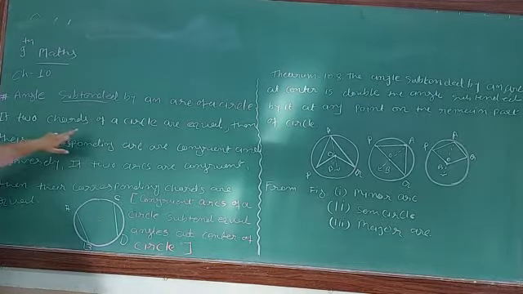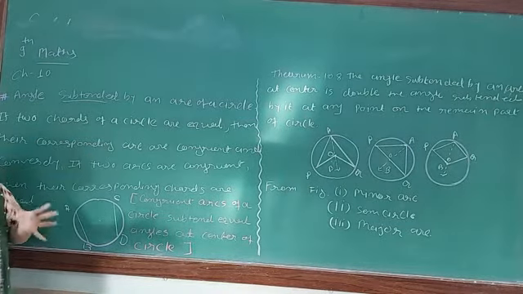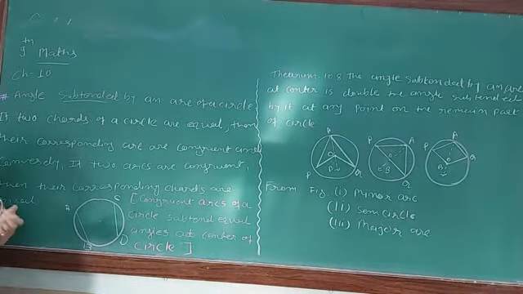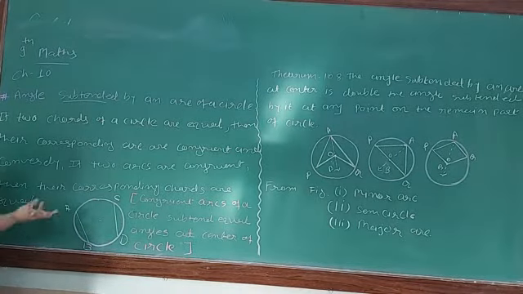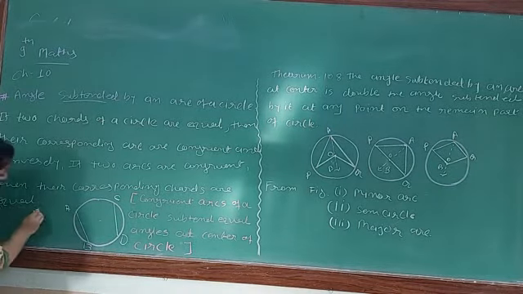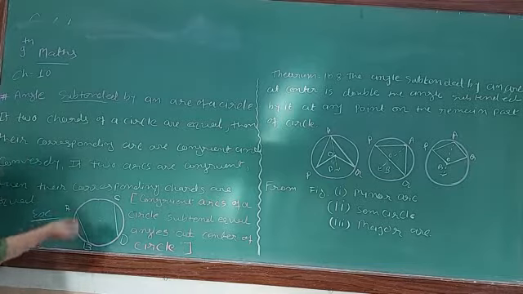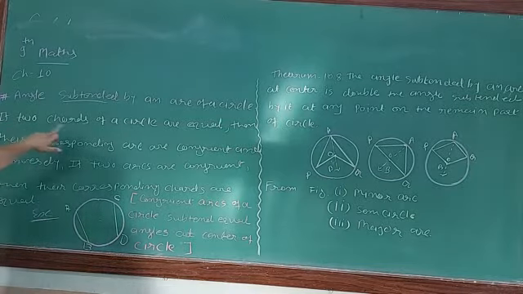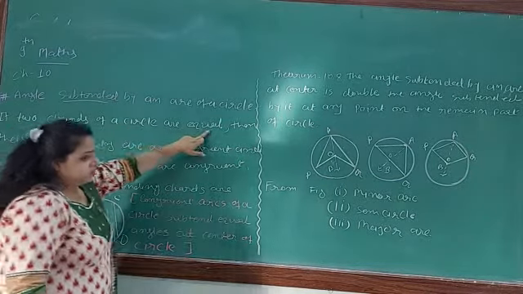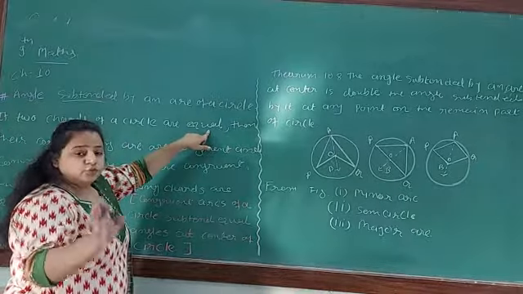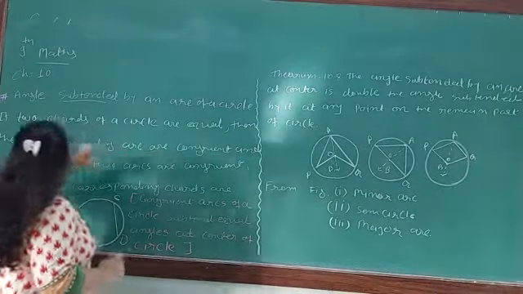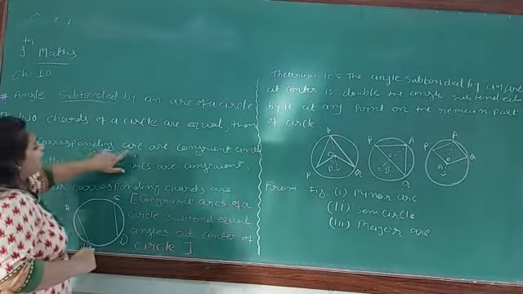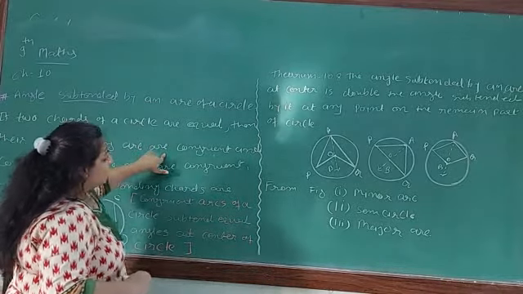If two chords of a circle, you have to visualize two chords of a circle. Here an example is also given. If two chords of a circle are equal, I hope you know what a chord is, then their corresponding arcs are congruent.